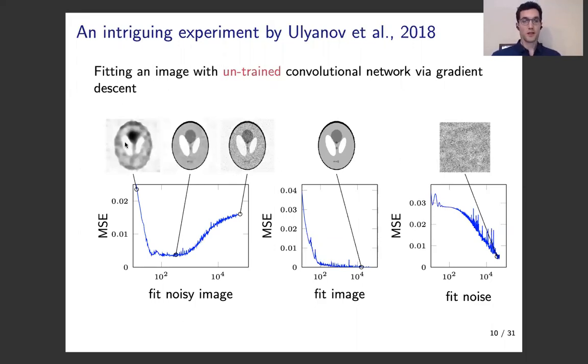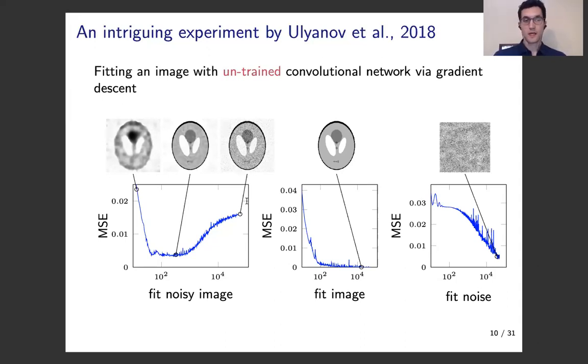Now if we look at what happens during iterations, after a few iterations, it has fitted most of the clean image, but it hasn't really fitted the noisy part of the image. And then if we train it long enough, we fit the noise perfectly as well, and essentially we overfit to the noise.